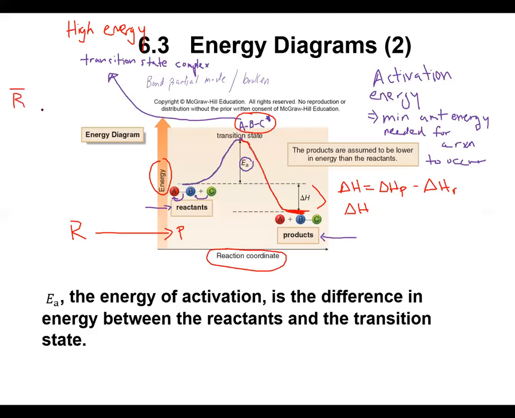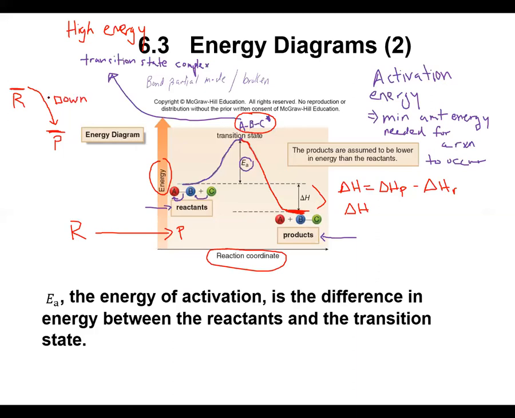So let's draw it over here. Our reactants are here in terms of energy. And when we're all done with this reaction, our products are down here in terms of energy. So in this case, energy has come down as we go from reactants to products.